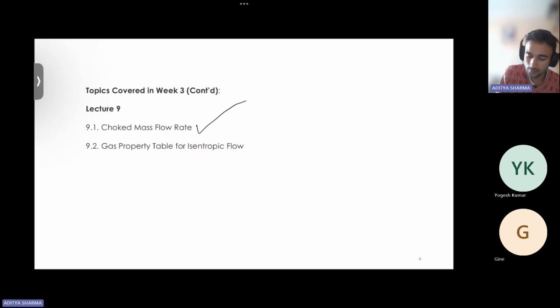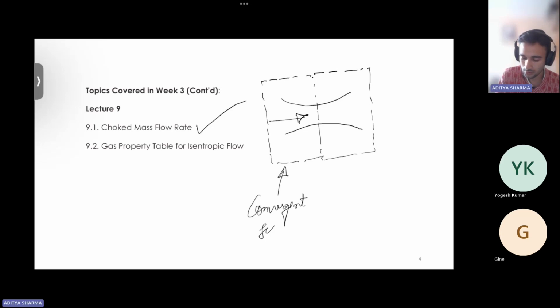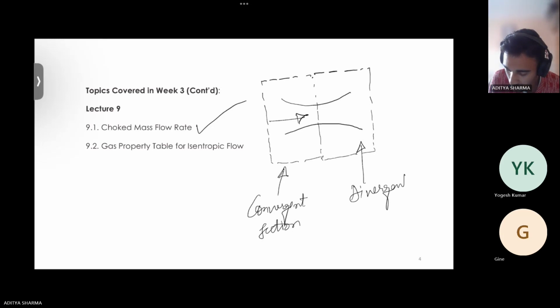The de Laval nozzle is nothing but this: this is the convergent section, if the flow is moving in this direction, and this one is the divergent section.